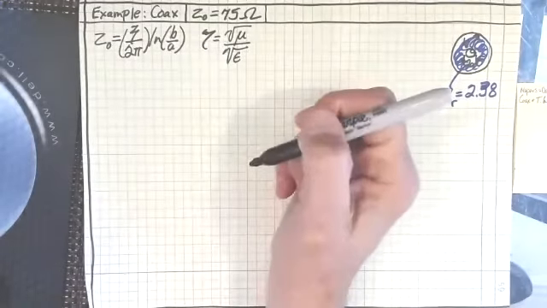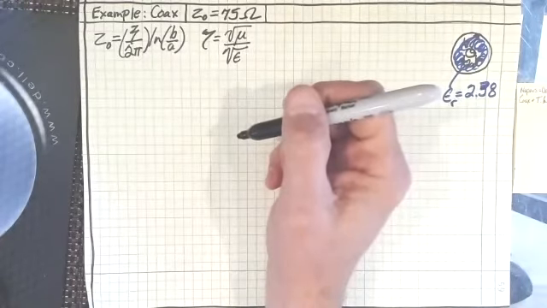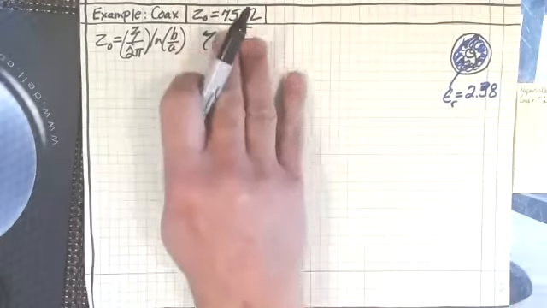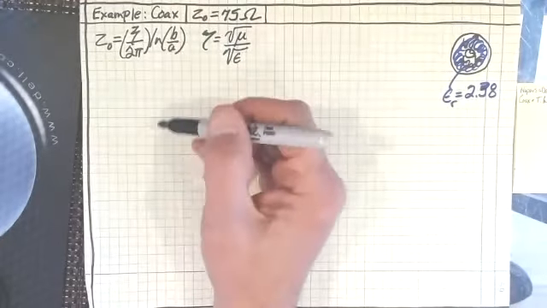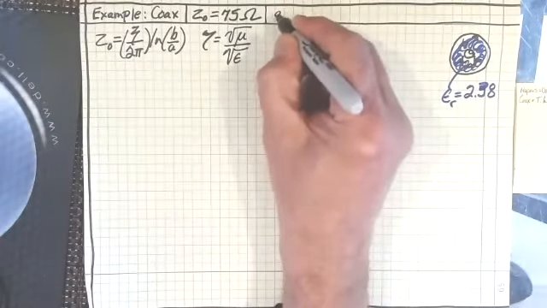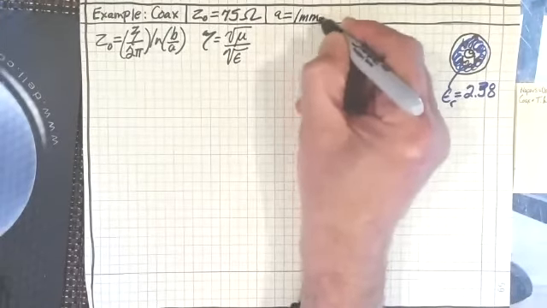So now what I want to do is look at a coaxial cable that has a characteristic impedance of 75 ohms. And I'm going to say that the center radius is 1 millimeter.